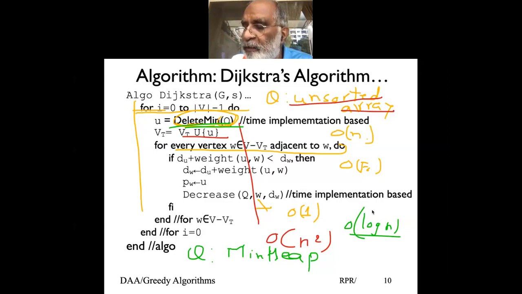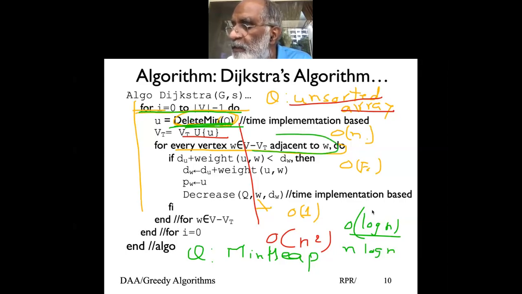This loop is n times, so this gives me order n log n time. But further, you are looking at the adjacency list, and for each edge we might decrease the weight.